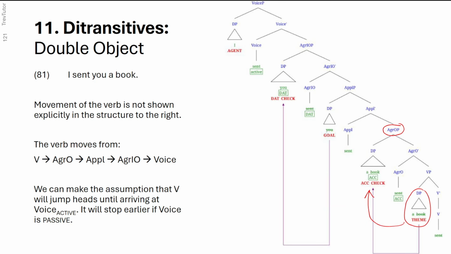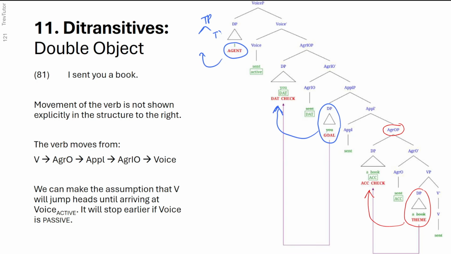Then the goal is going to be generating under the specifier of the applicative phrase here, and it's going to be moving up into the specifier of the agreement IO phrase, so that way it can check its case with the dative, because this is an indirect object. And then our agent, as usual, is going to start in the specifier of the voice P, and it will then move up into the specifier of the TP for EPP movement.